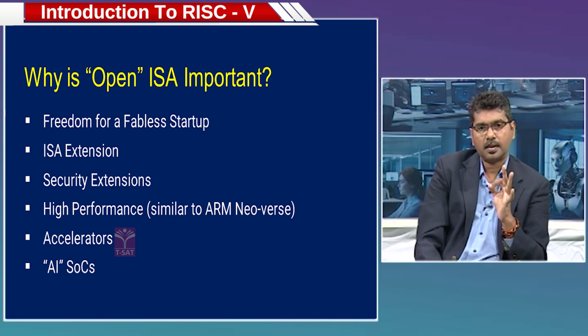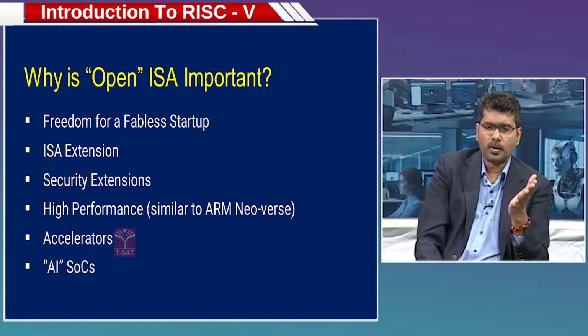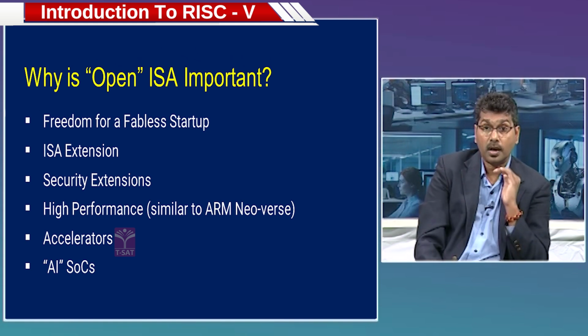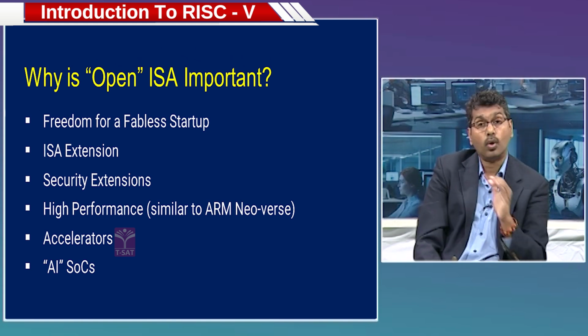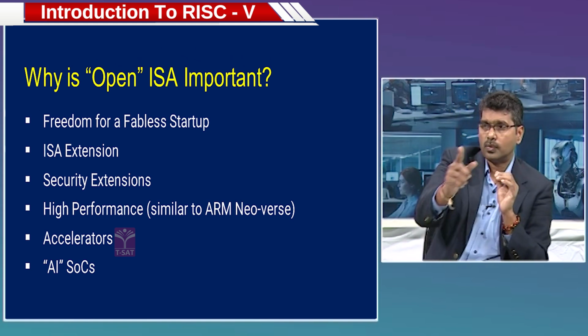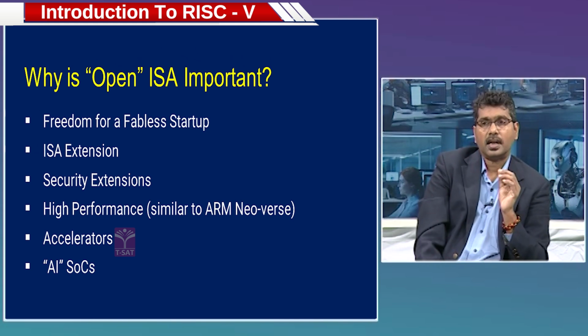If you are starting a company, we have a RISC-V option right now, where you can license it from Indian companies, or there are a lot of foreign companies also, or if you are good enough, the spec is open, you can design your own CPU, right? So that freedom you have is very important. Number one. Number two, ISA extensions.